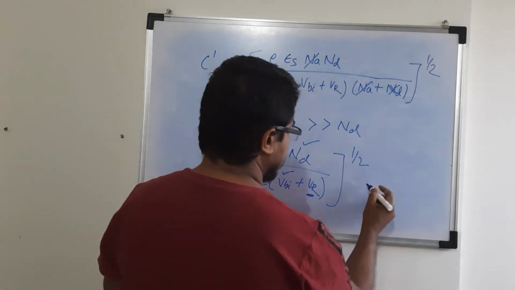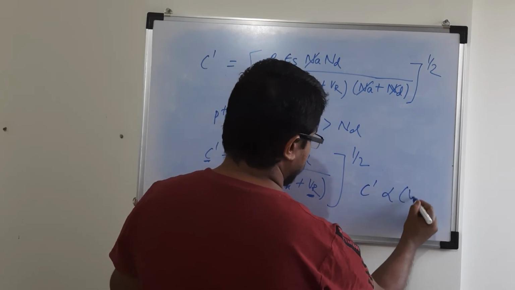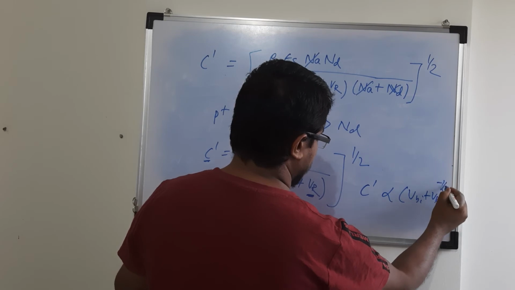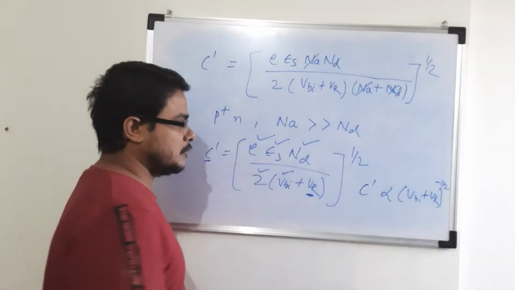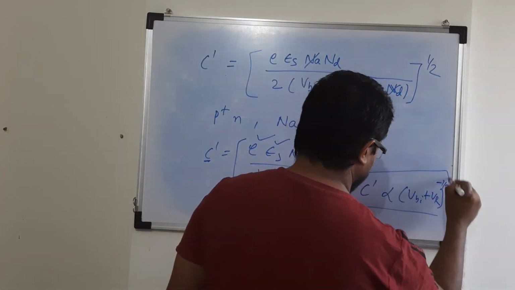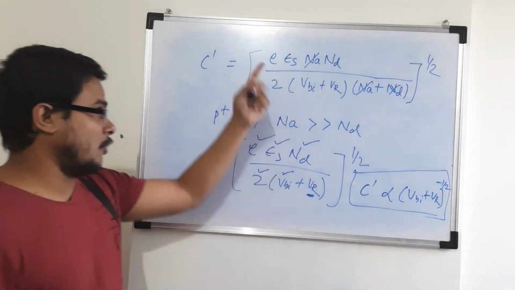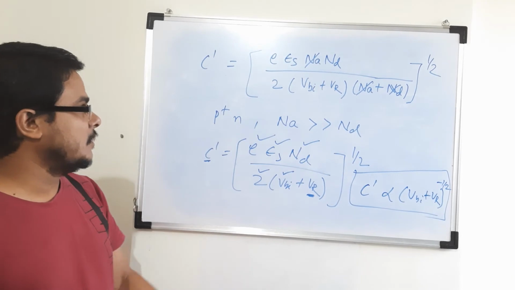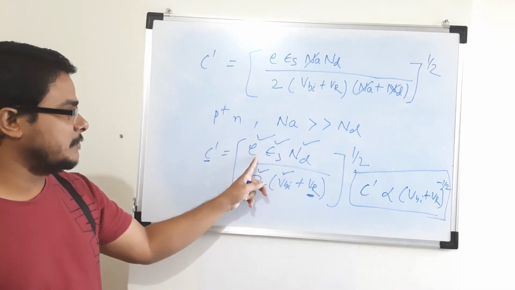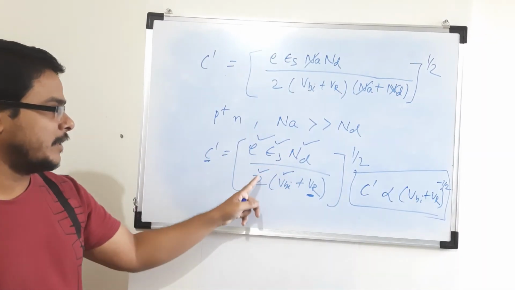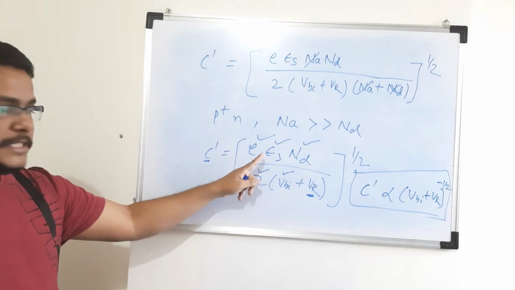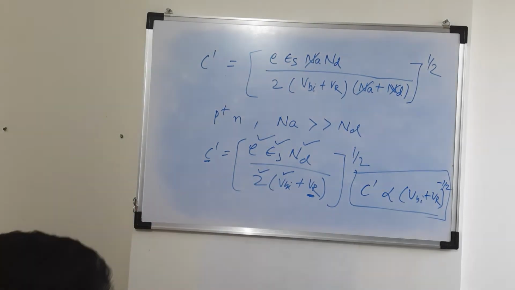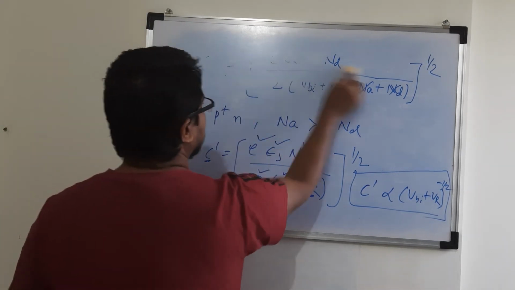You can see that C' must be proportional to (Vbi + Vr) to the power minus 1/2. So for a normal PN junction or a one-sided PN junction, the relationship is this. You must be aware of all these variables: e, ε_s, Nd, doping profile, semiconductor permittivity, all these values.